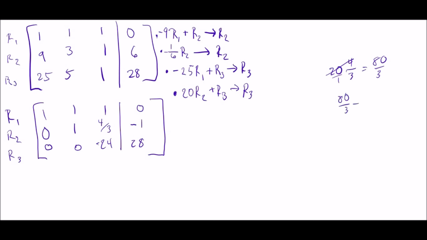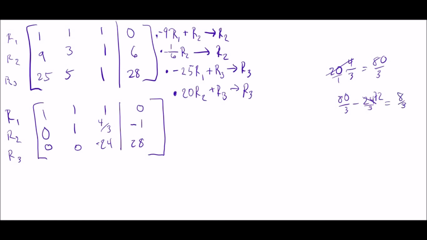80 over 3 minus 24. All right. Well, to figure this out, let's multiply the top and the bottom by 3. So just like you did in elementary school, we're just trying to subtract fractions here. 3 times 24 is going to be 72. So 80 minus 72 is 8 over 3. That's not so bad.